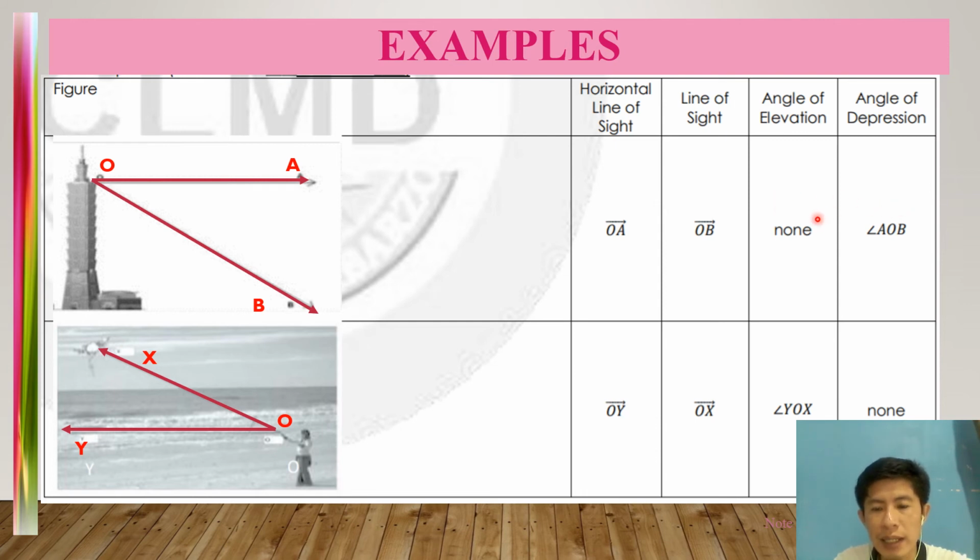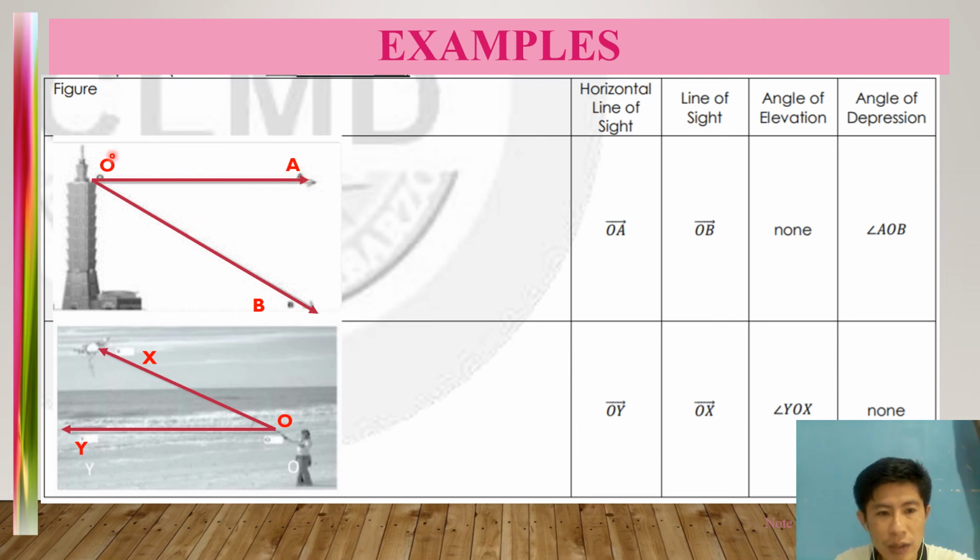Okay. Then, next natin is angle. May dalawa tayo ditong pagpipilian. The angle of elevation and the angle of depression. Okay, sabi ko kanina, eto ang lagi nating reference. Yung horizontal line ang magiging reference. Tapos, titingnan natin yung isa pang line. Okay. Since pababa siya, nasa baba siya ng horizontal line of sight, then, etong angle na to ay magiging angle of depression.